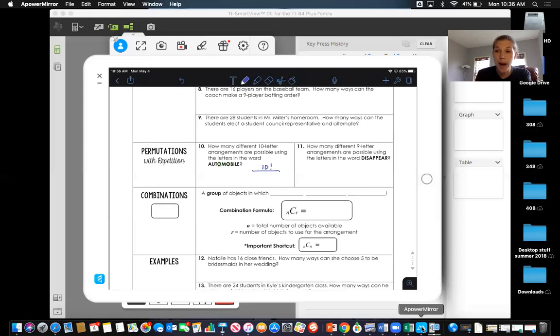And in the bottom, you're going to list out what letters repeat and how many times they repeat. Because if I just switch those O's, it's not going to give me a different letter arrangement. So we actually have to divide out the number of times that letters repeat. Looking at the word automobile, no other letters repeat.